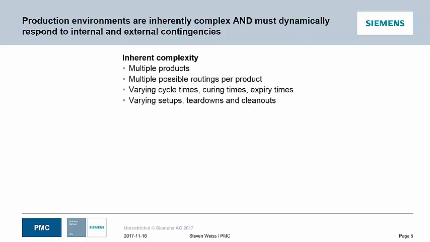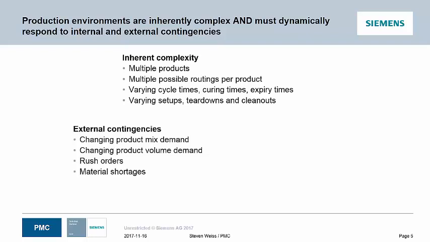And then in addition, as we move from producing one product to another, there are setups, there are teardowns, there are frequently cleanouts. These are all aspects of the inherent complexity of producing a schedule, which are also impacted by external contingencies. Changing product mix demand.